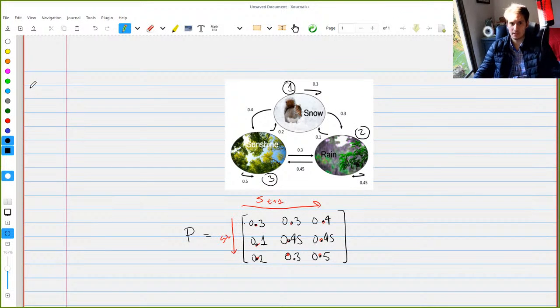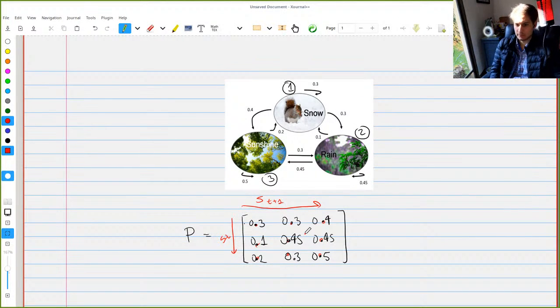If we add all the elements of the row here, we have 0.3, 0.3, 0.4 that give us 1. This summation, 0.5, gives us 1. And here gives us 1.